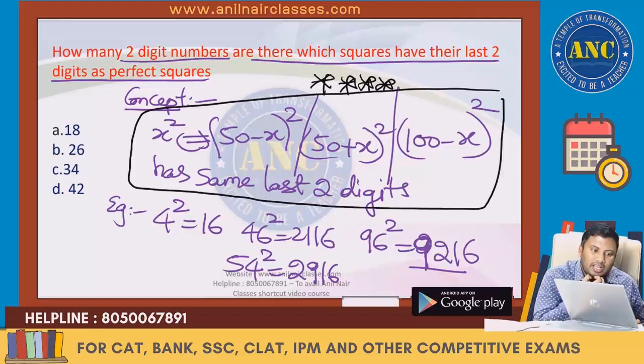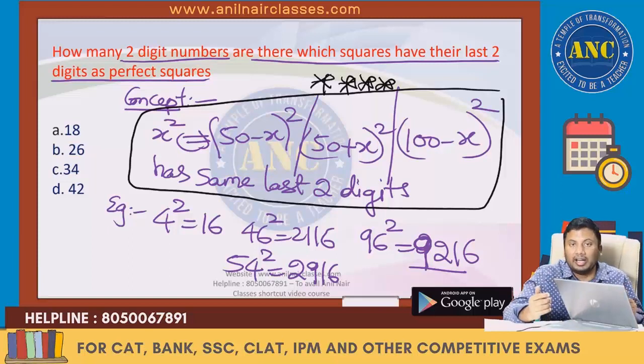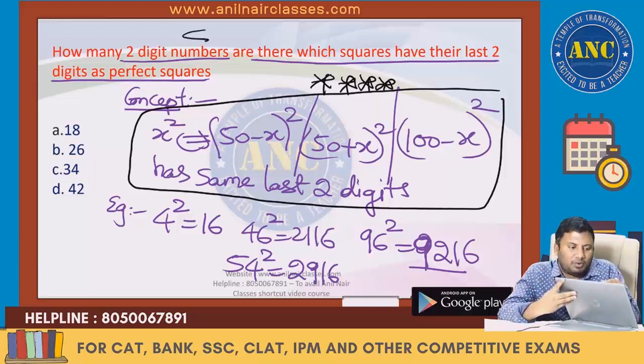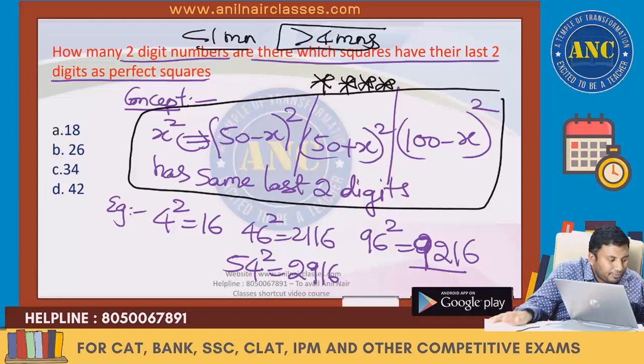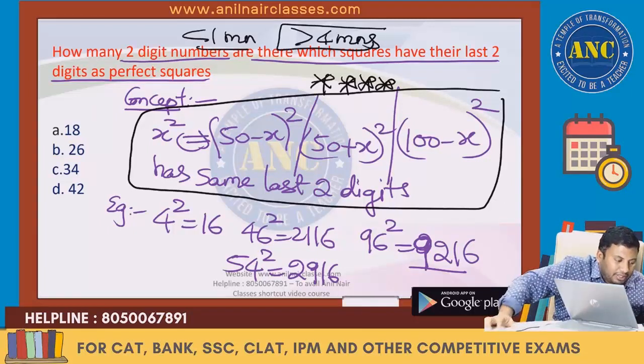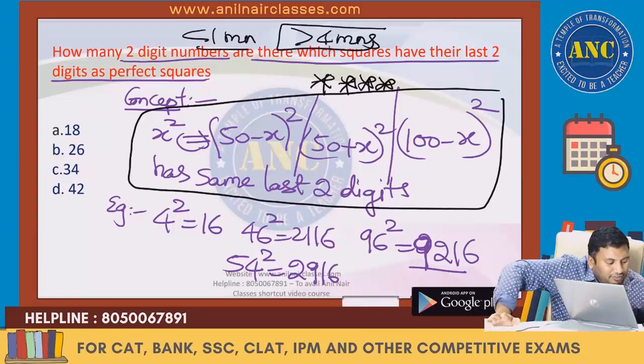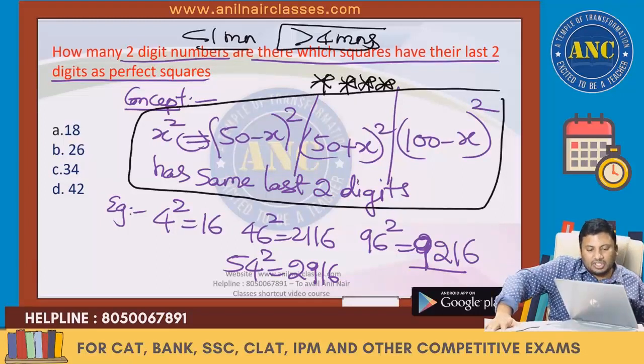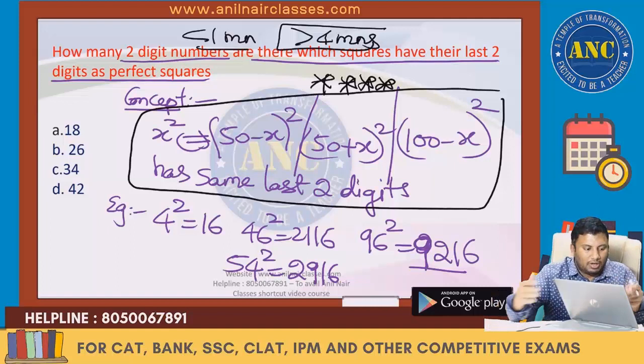Now we will solve this question, ANIL NAIR's way of solving, in less than 1 minute. Actually it takes more than 4 minutes if you do not know this logic. Now read the question.